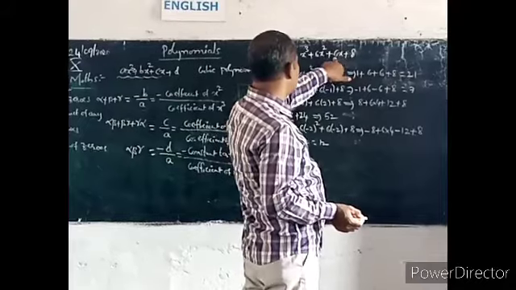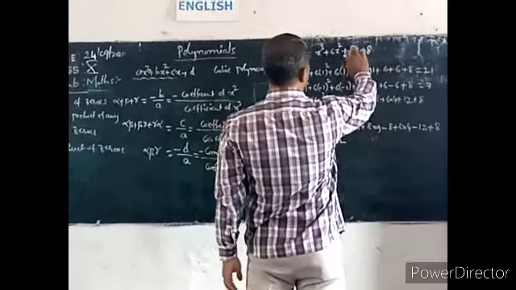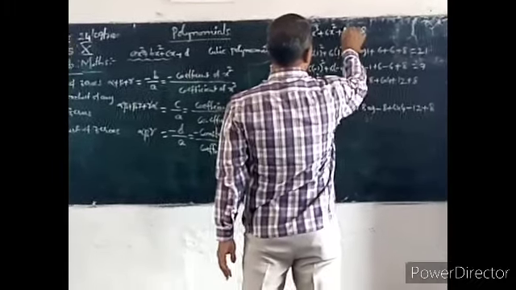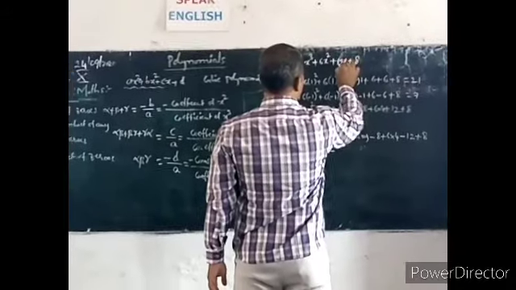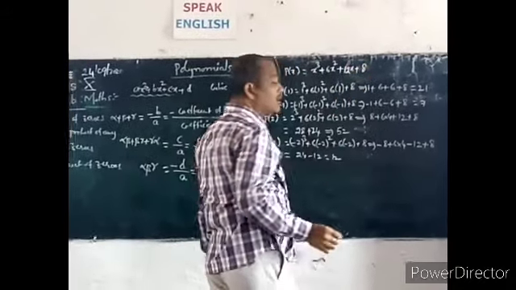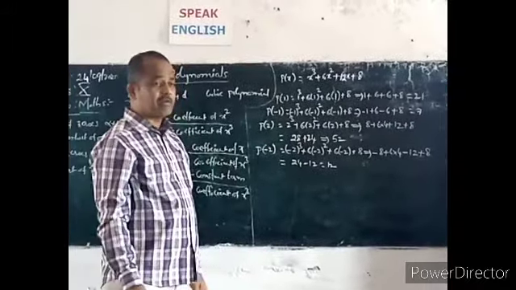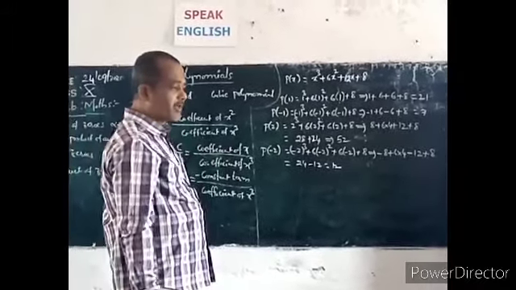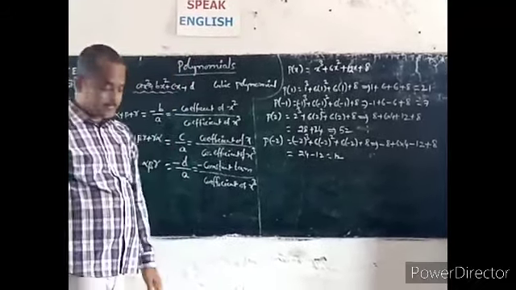Here the polynomial is written wrong. Here it becomes 12x. It is 12x, then we are getting 0. If it is 12x, here only we are getting 0 at P of minus 2. P of minus 2 gets a 0.